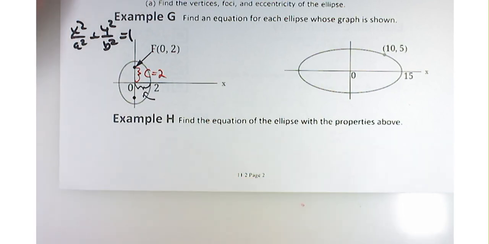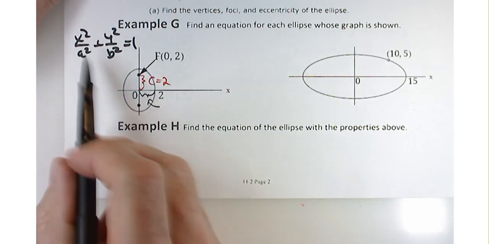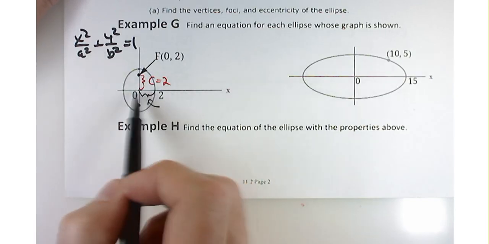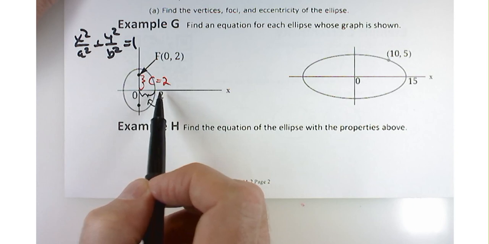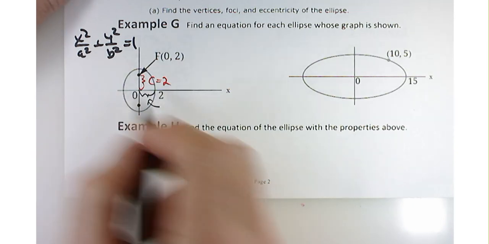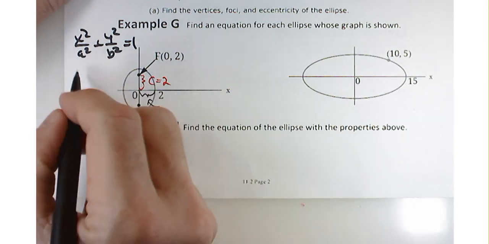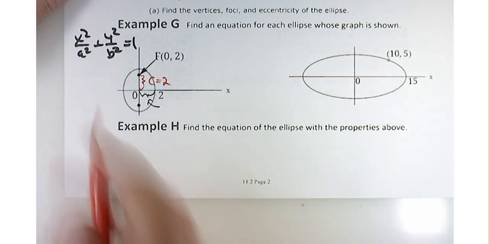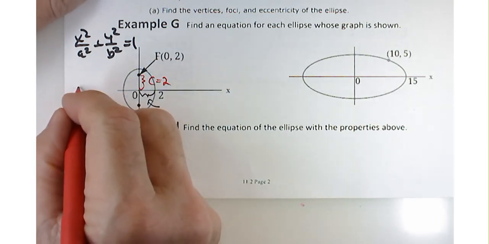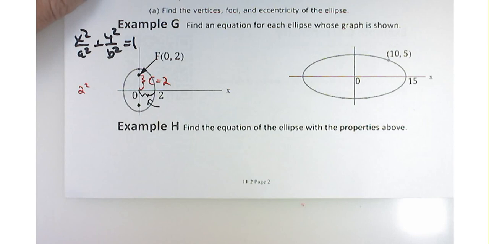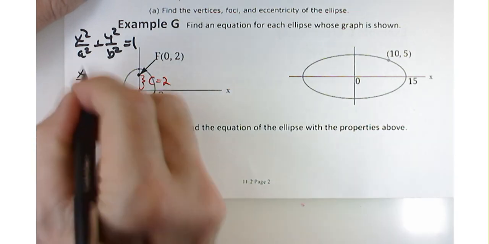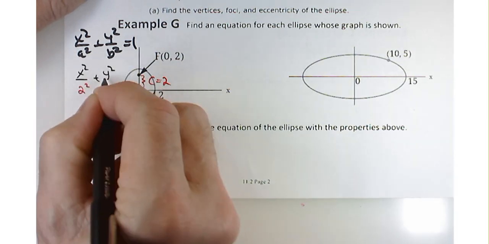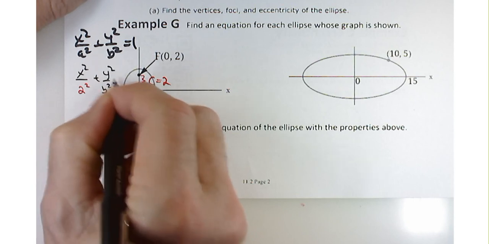That's A. A has to be underneath the x coordinate, right? And you're moving a distance 2 there. So A has to be under the x variable. So this is going to really be x squared over 2 squared plus y squared over b squared equals 1.